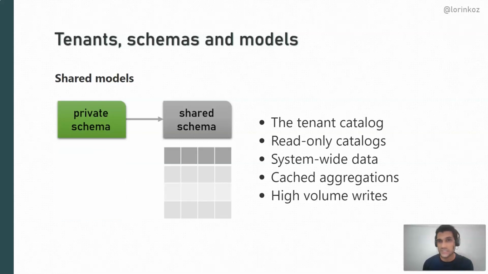Now, in the shared schema, you usually place the tenant catalog itself, as well as other read-only catalogs for all the tenants, or system-wide data, or maybe some cache aggregations of data you collect from all your tenants, or high-volume writes, that is, information that is prone to be eventually extracted from the data layer itself.